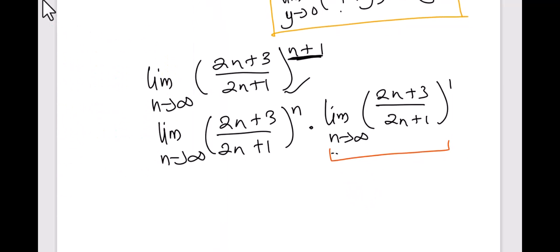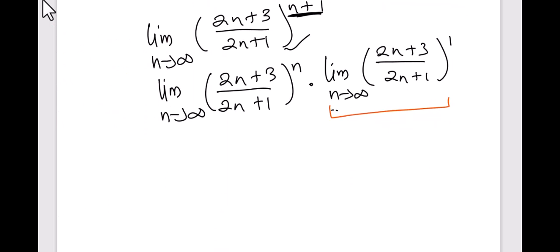For that one, you know how to deal with it already. As n goes to infinity, 2n will be far greater than 3, on both the top and the bottom.